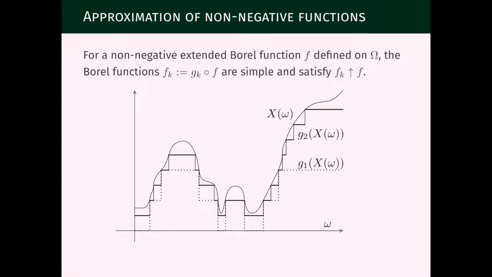And now in the second part of this video lecture, we're going to show how we can use the approximation of the identity to make an approximation for non-negative extended Borel functions in general. So if we have f, here's the graph of f. Well, in the picture here it's called x because this is an old picture.